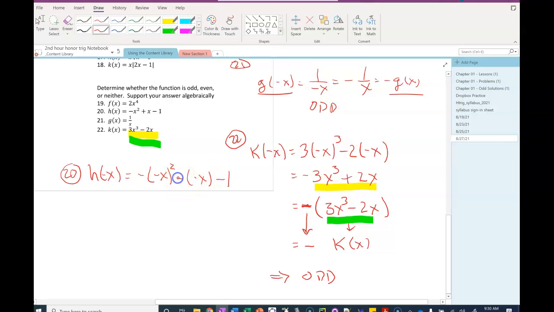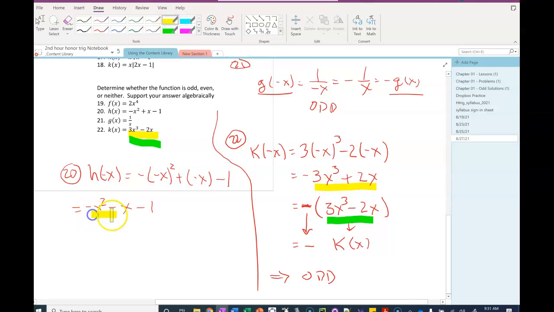So again, we'll start the same way by doing h of negative x. So negative of negative x squared is just going to still be negative x squared. And then negative x minus 1. So far, so good?